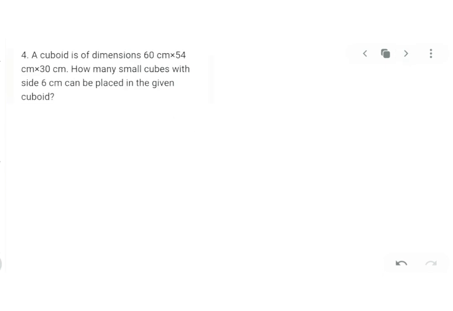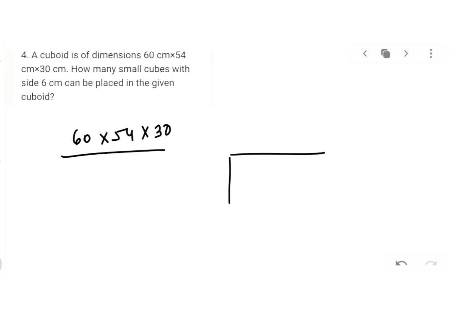Problem number 4. A cuboid of dimensions this. How many small cubes with 6 cm side can be placed in given cuboid? You have been given a cuboid 60 by 54 by 30. In this cuboid you have to put small small cubes.